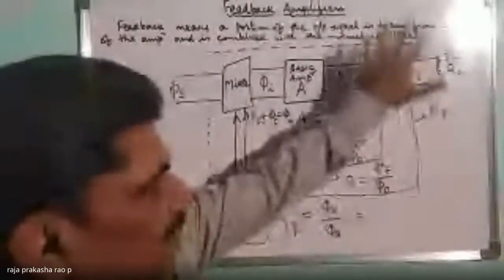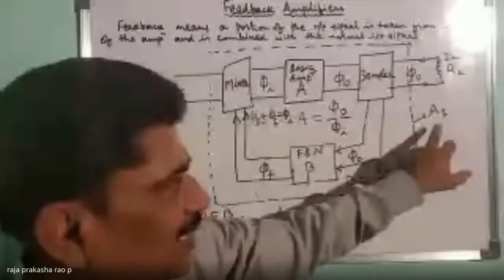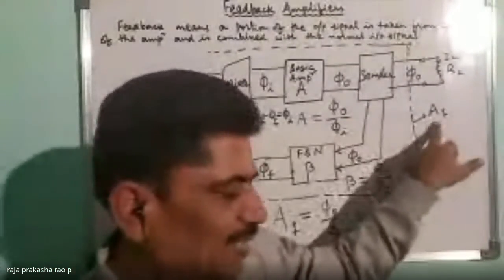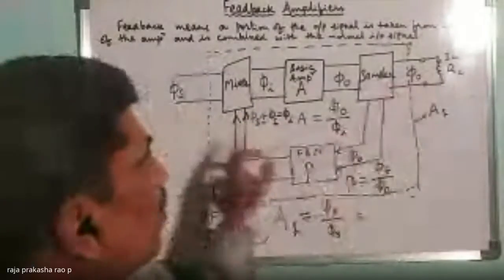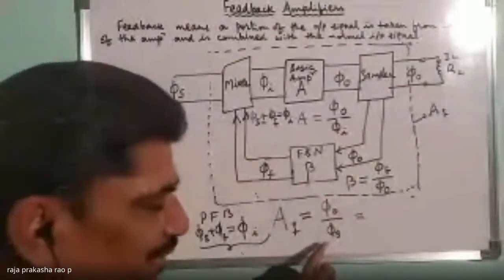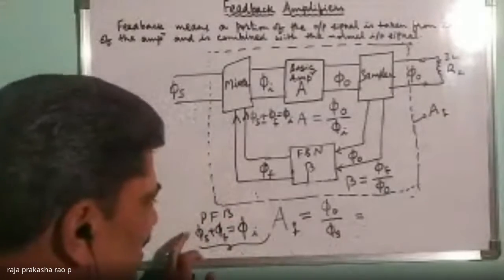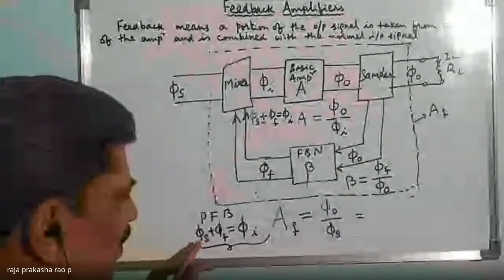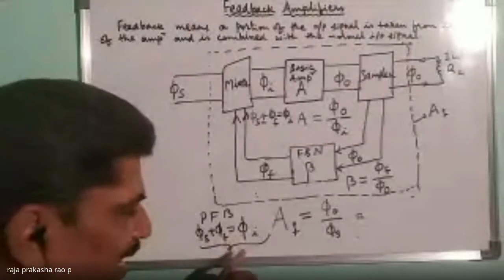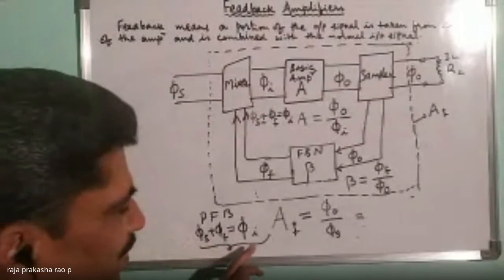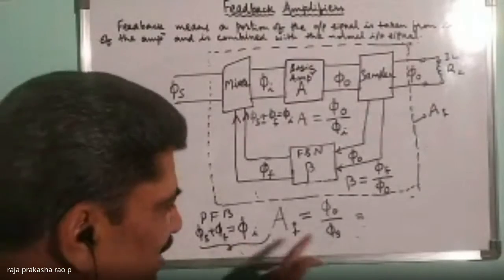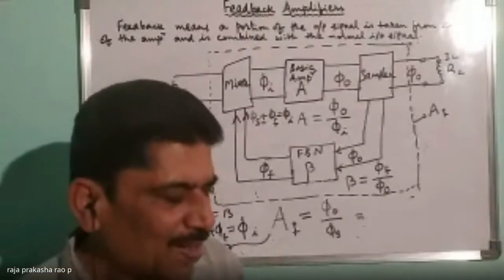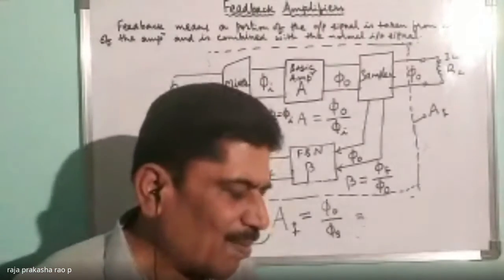So for the complete feedback amplifier, that gain is AF. AF is equal to output by input, phi naught by phi s. So what is phi s here from this equation? For feedback amplifier, phi s plus phi f, that is feedback is added to input signal, which is giving phi I now. So what is phi s now? Tell me from this equation. Are you seeing the board or not?